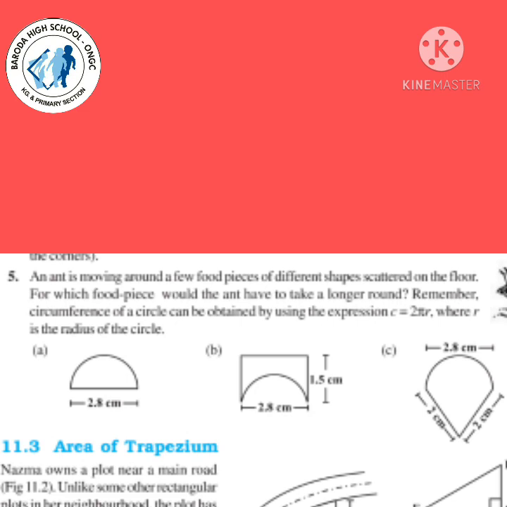Now in the B shape, you have to add the rectangular part: just add 1.5 plus 1.5 and simply plus pi r.